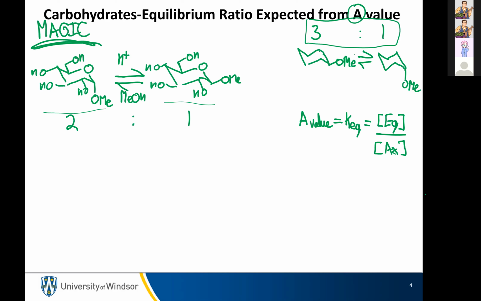We can take this and measure delta G's from this. But who cares? I don't really care about this. There's something going on. We can do some math, but it doesn't matter. There's something going on here. It's weird. What's going on? We call this effect the anomeric effect.